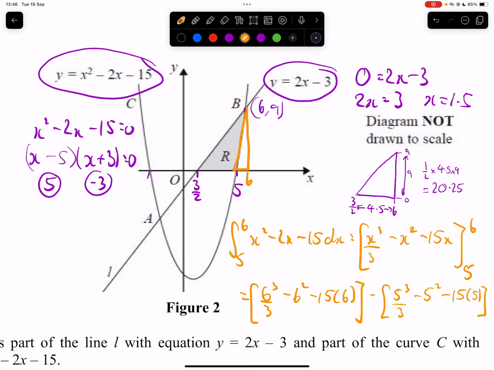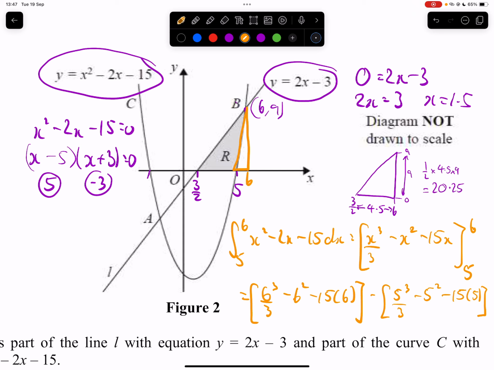And if we type that in a calculator, which I'll just do now, we get 25 over 3, 25 minus 75.